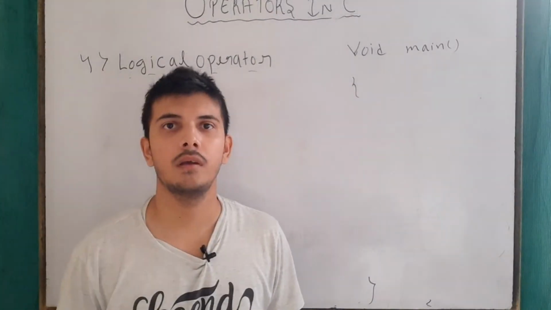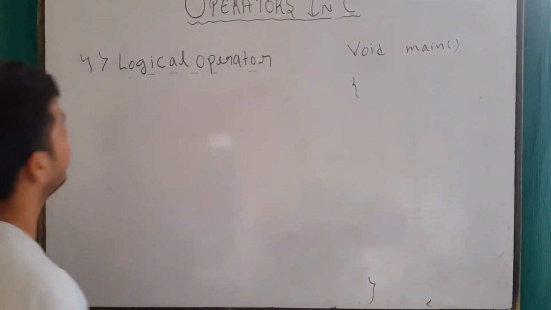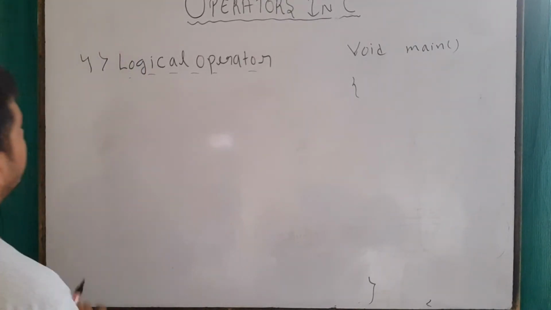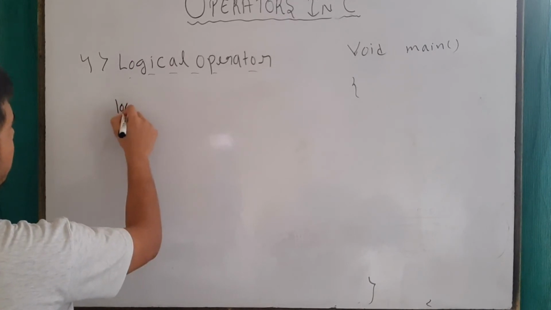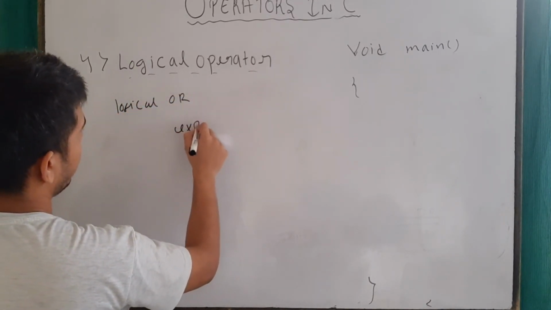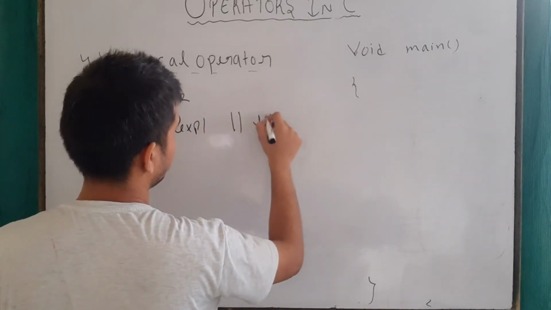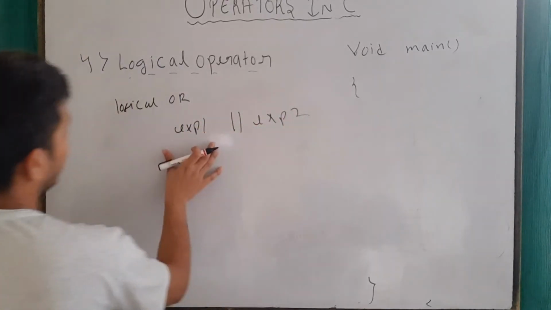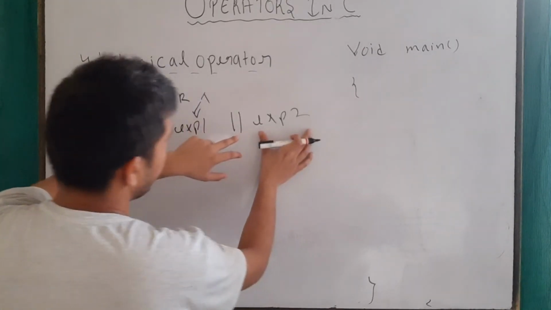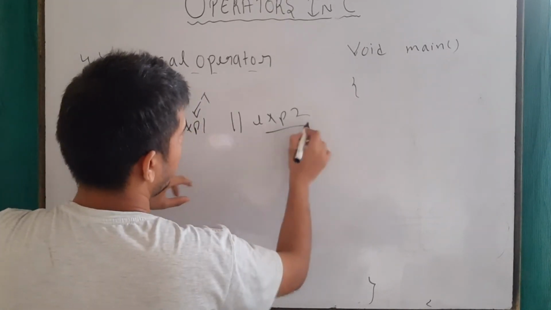Now there is one point that you always have to remember when solving questions on logical operators. In logical OR, there is expression 1, then OR, then expression 2. If expression 1 is evaluated to true, then the evaluation of expression 2 will not take place.